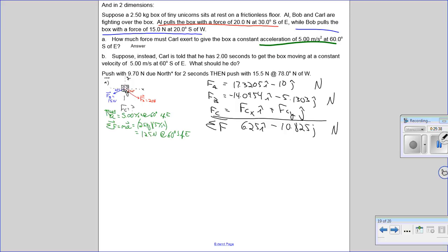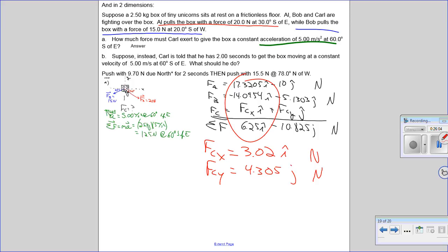Follow? So do your algebra. FCx ends up being 3.02, and FCy ends up being 4.305 j. These are all still in newtons. So now I can find the force, right?